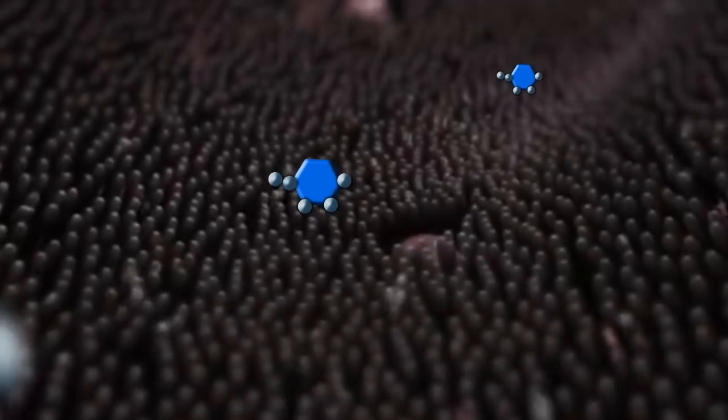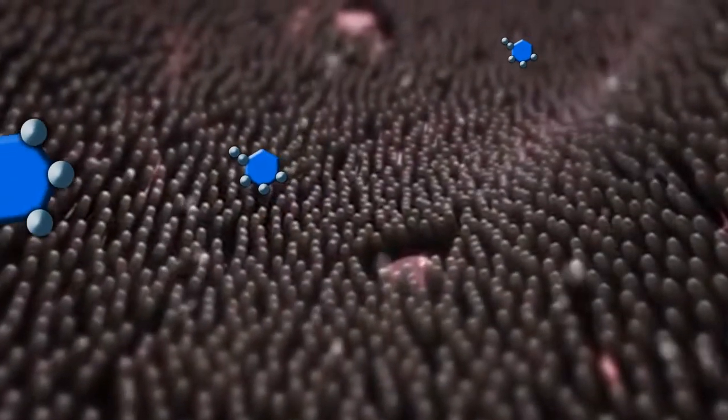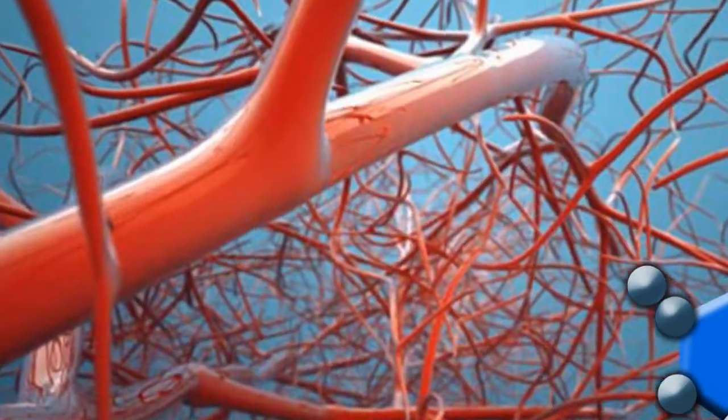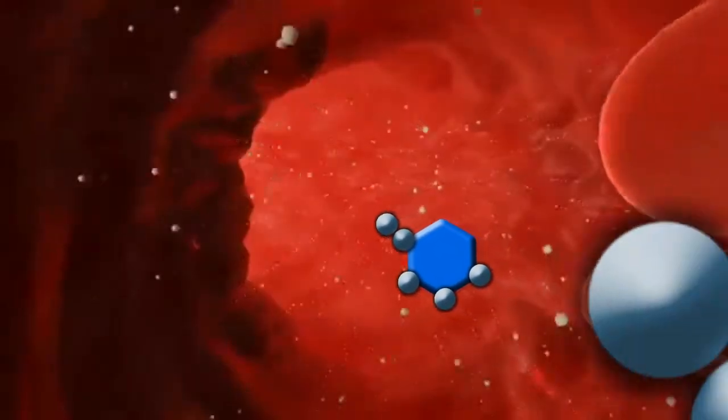The process of digestion results with carbohydrates and other molecules being removed from the consumed food and transported into the bloodstream.